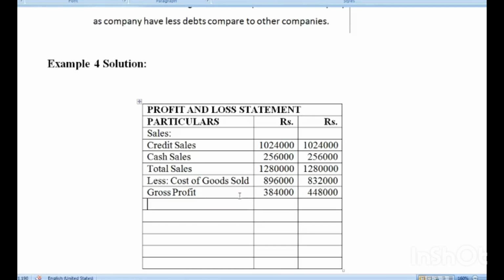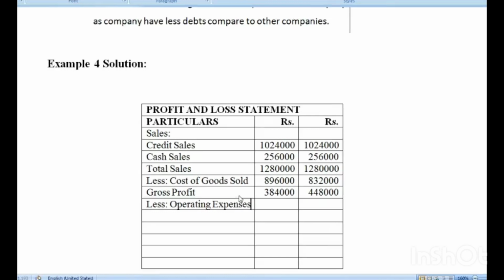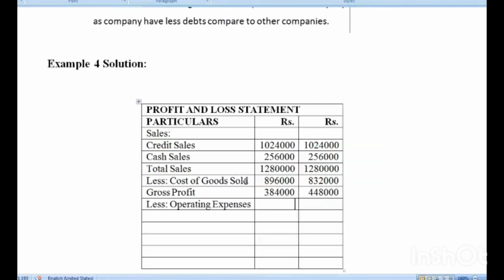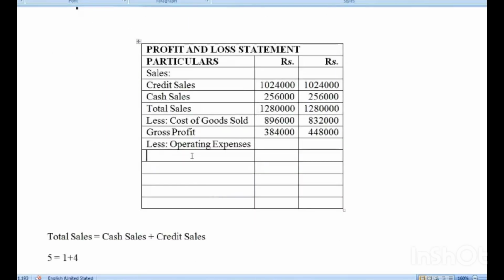Then after that, less operating expenses. Operating expenses are not given in the example directly, but we have net profit after income tax. Operating expenses are not available, so if not available, we will not write it, we put it blank.